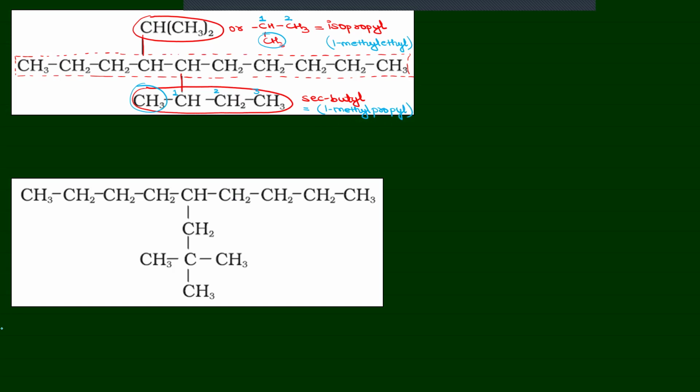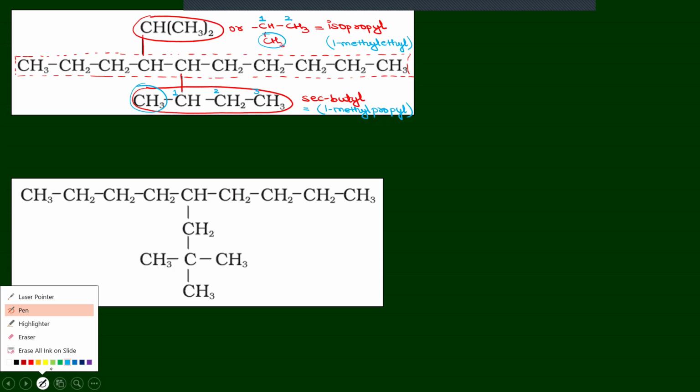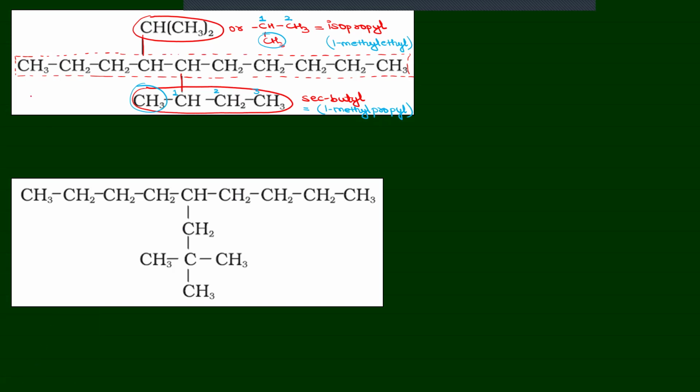So now let's understand the final naming. For that, I have to also do the numbering. Numbering is clear from the left hand side as per the lowest possible number rule. Now for isopropyl and sec butyl, as per alphabetical order, what will you select for isopropyl? I. And for sec butyl?